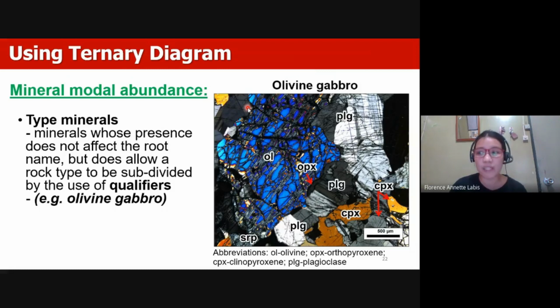And this will be discussed in the advanced chapter. So again, when there is a type mineral, you have another mineral that is included in the gabbro or in the rock, but the presence of this type mineral will not alter the composition of gabbro. I mean, it is still a gabbro. It's just that there is an addition of another mineral such as olivine. Okay?